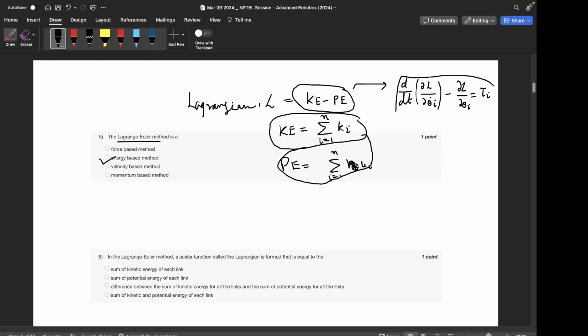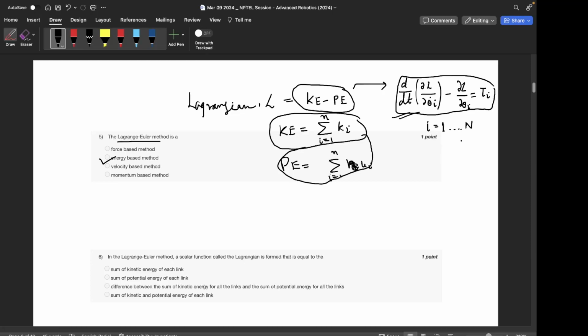And the index i is very important because you do this step, putting the values into these equations and taking derivatives and time derivatives, for every degree of freedom. i is the index 1 to n, which denotes an n-link manipulator, so n degrees of freedom or n joints.